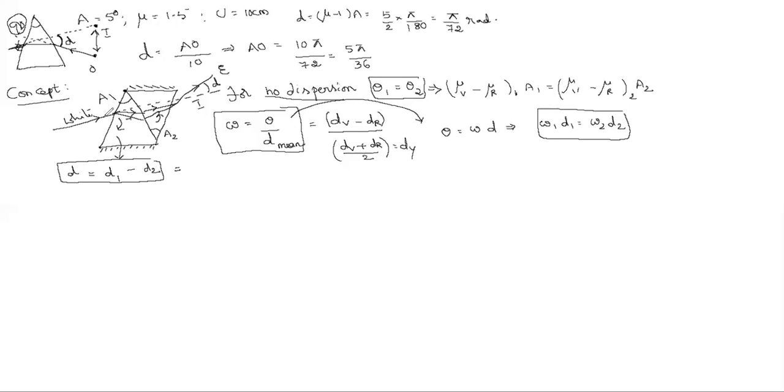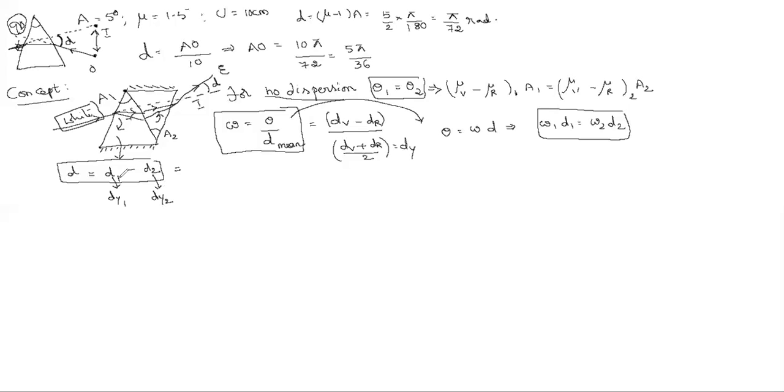For the white light, the average color of all the colors in white light is yellow. So I actually found the deviation for yellow color. This is the deviation of yellow color in the first prism, and this is also the deviation of yellow color, but in the second prism. Is it clear?